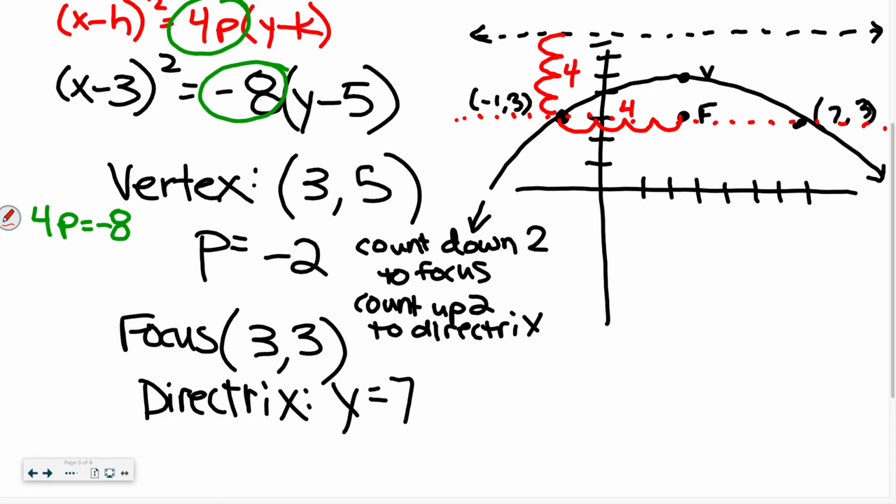There's a distance of 4 from that point to the directrix. So that's satisfying the characteristic of the definition of the parabola. And if p was 3, then they'd both be 6 away. If p was 1/2, they'd both be 1 away. So that will always work. Just count 2 times p away from your focus.